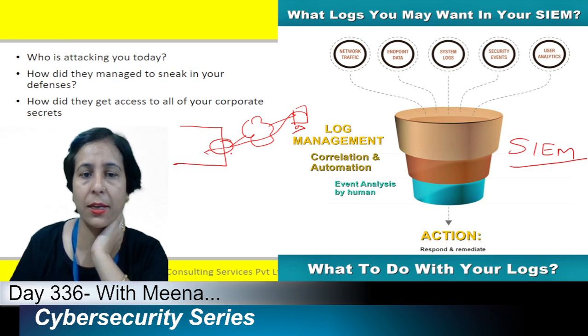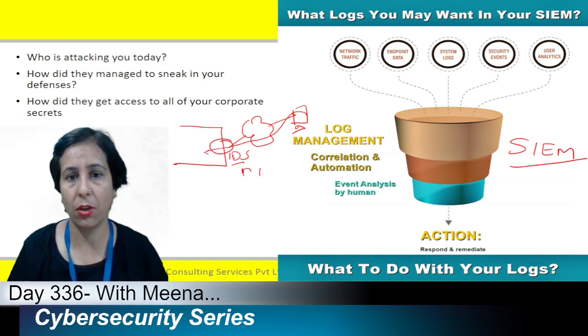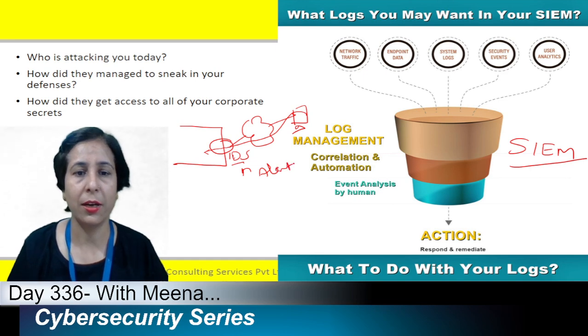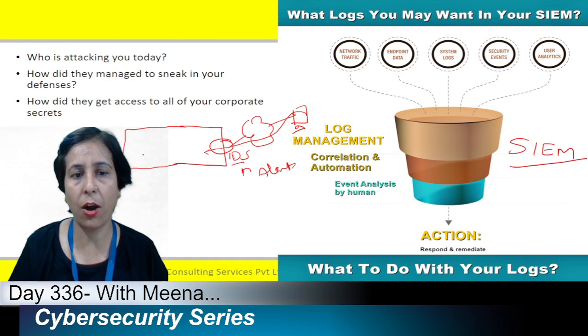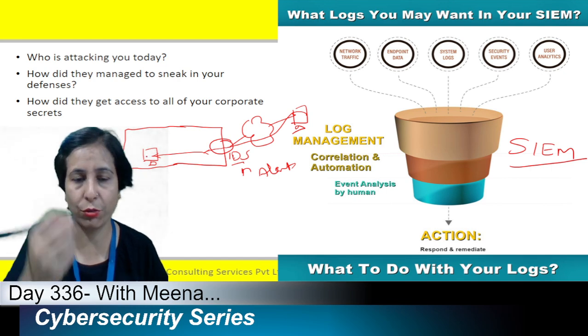The IDS generates an alert, and somehow they enter our network and reach the end devices, which were the target.